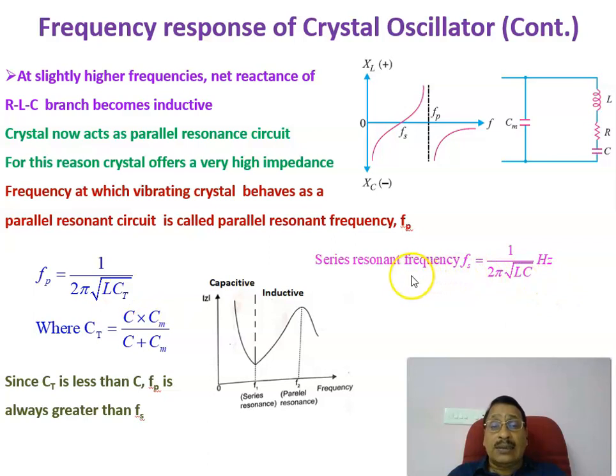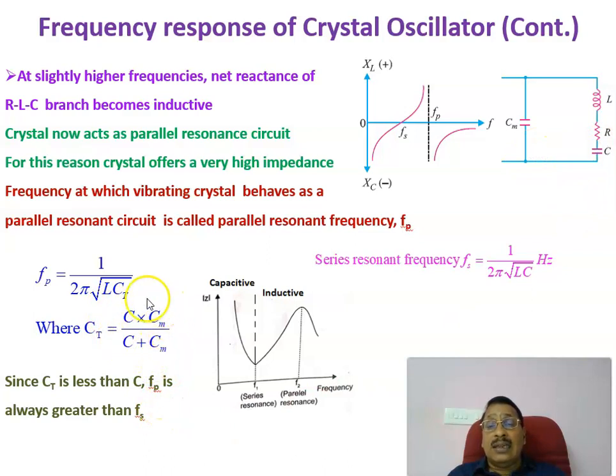Here, for the series resonance, it is 1 by 2 pi root of LC, and for the parallel resonance, it is 1 by 2 pi root of L into CT, where CT is given by the series combination of C and Cm, that is C into Cm divided by C plus Cm.